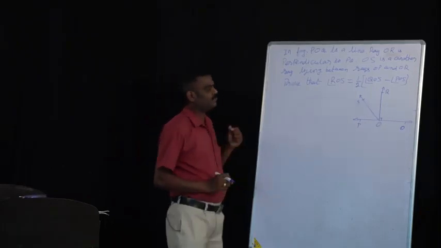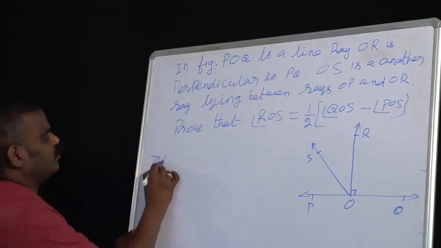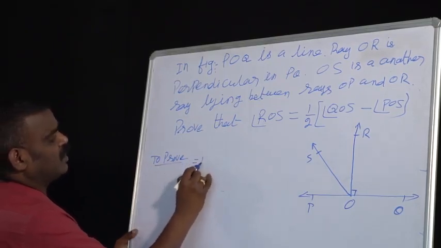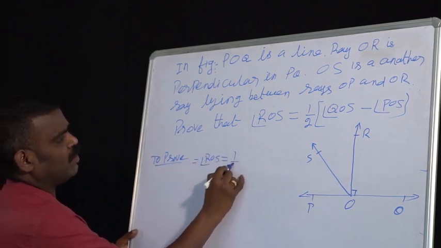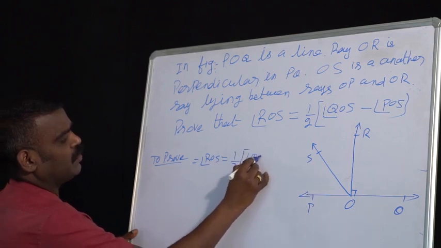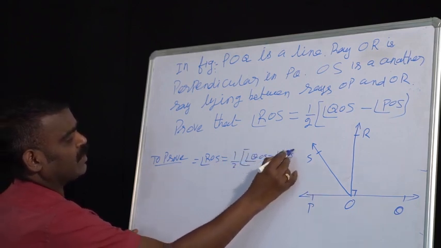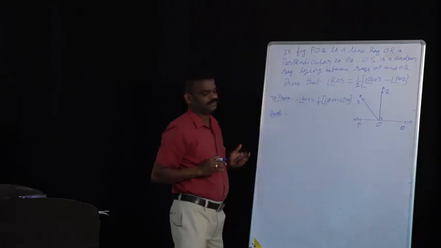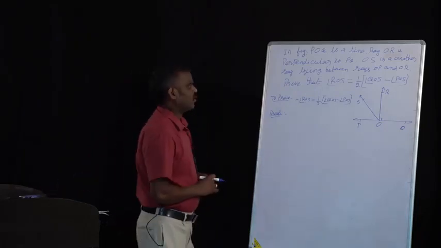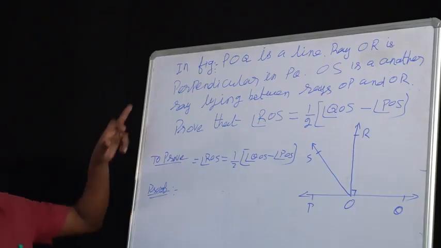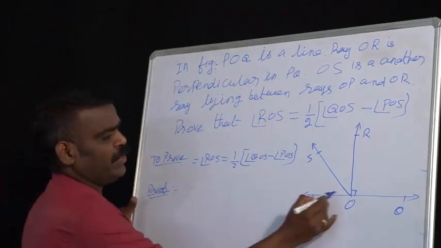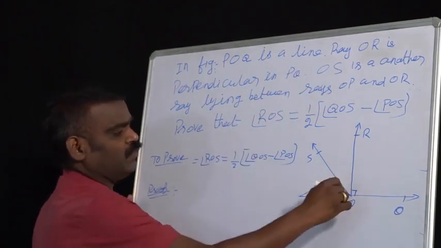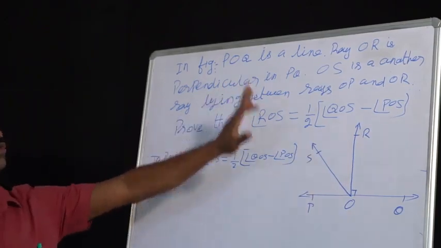Angle ROS equals 1/2 of angle QOS minus angle POS. Look at all of you. The question is given: POQ is a line, ray OR is a ray perpendicular to PQ.